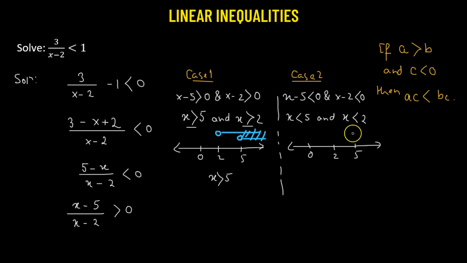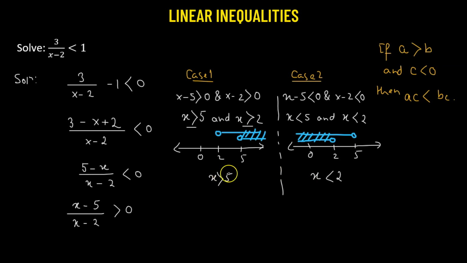That means the values of x must lie to the left of 5. And we also have x less than 2, so we'll consider all the values of x lying to the left of 2. Now what is a common value of x that is going to satisfy both x less than 5 and x less than 2? This is going to be this common region. The common region means that we have to consider values of x less than 2.